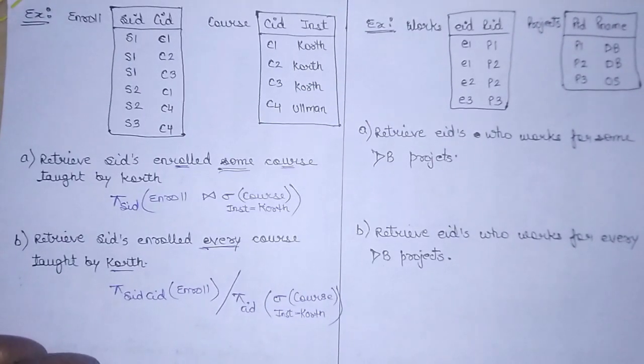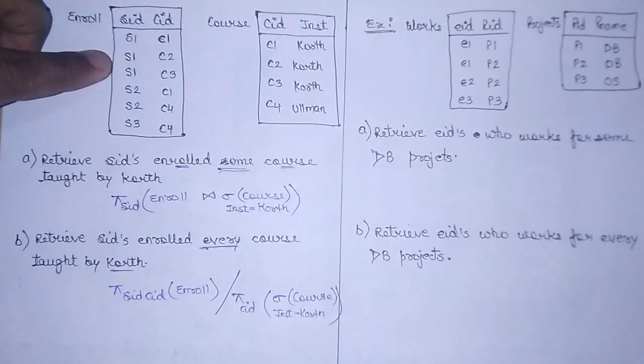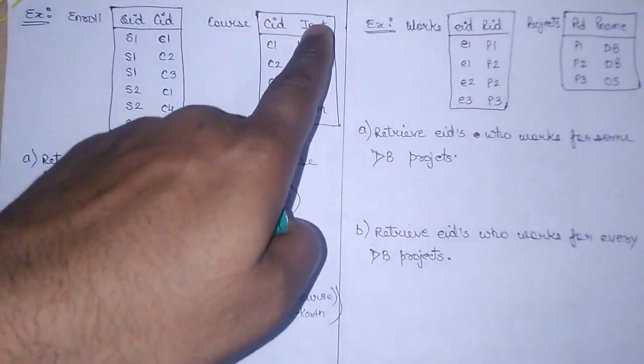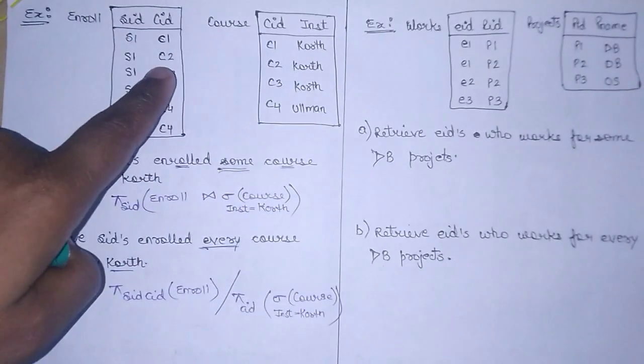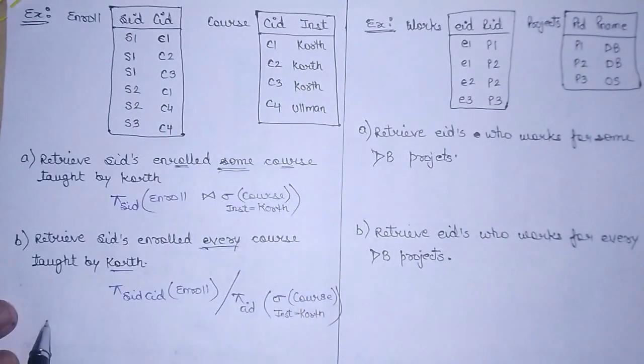Now if I do like this, it will give you the value as S1, because S1 is the only student who enrolled for all the three courses that has been taught by course. You can see that C1, C2, C3, these three courses has been taught by course. So S1 is the only output for this B query.